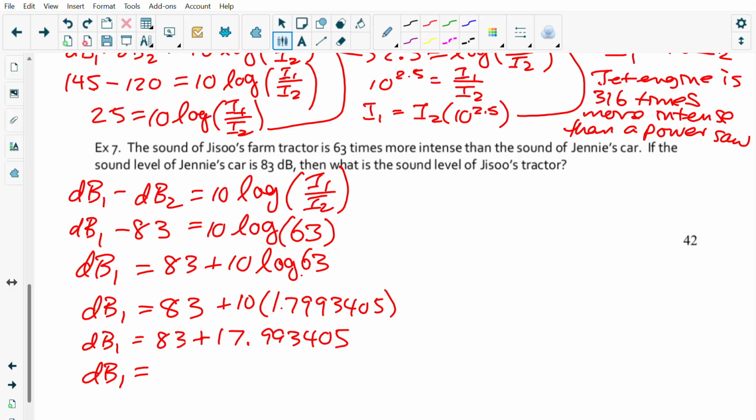And let's round to the nearest whole number. So 83 plus 17.993405 is 100.9934 decibels, and rounded, that's 101 decibels. Okay.